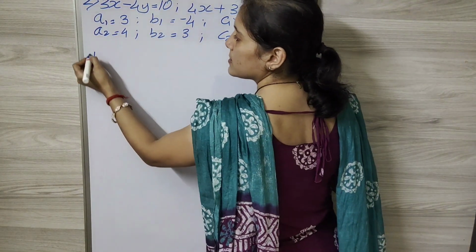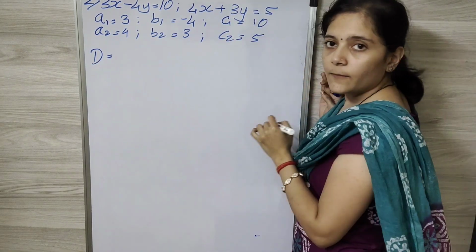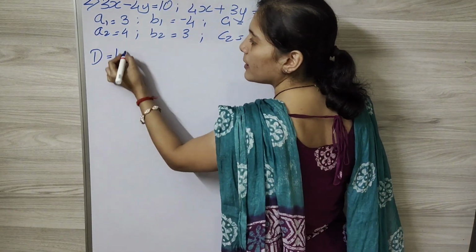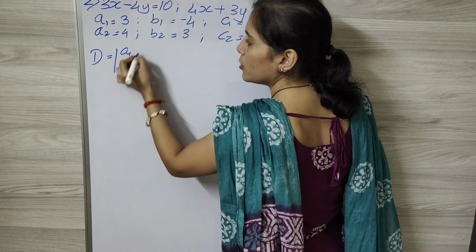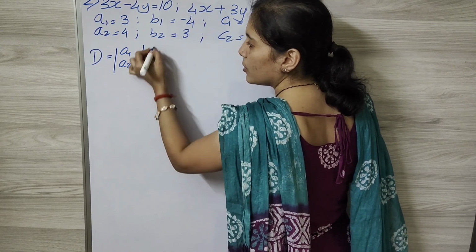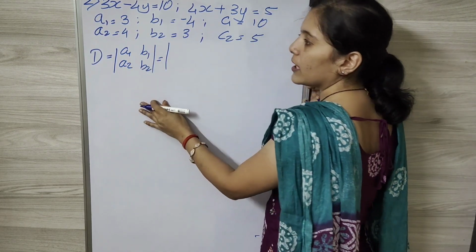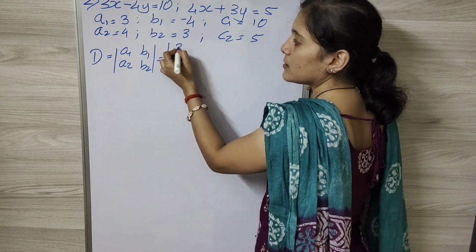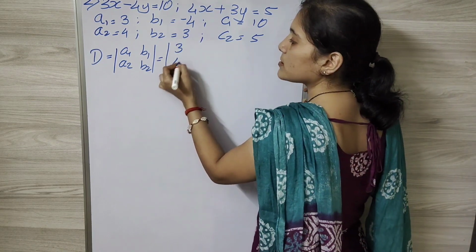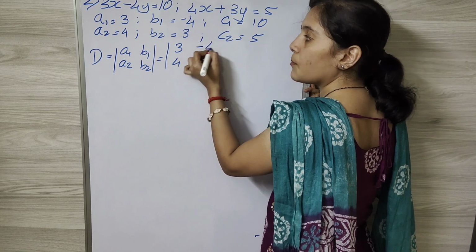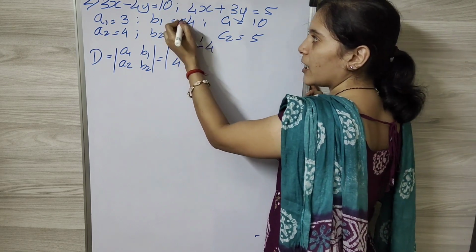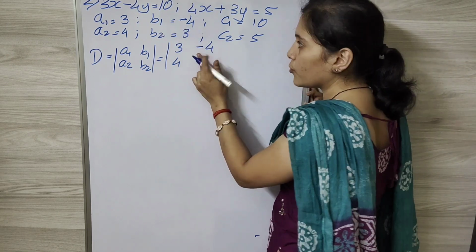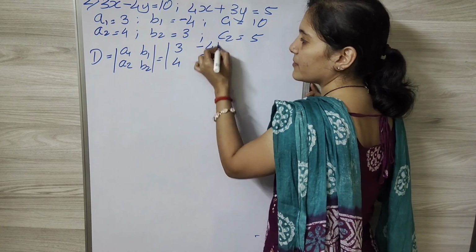So now we will start with d. For d, again the formula is a1, a2, b1, b2. Now replace the value a1, a2. a1 is 3, a2 is 4, b1 is minus 4. See here, I have taken minus here, minus 4, and b2 is 3.